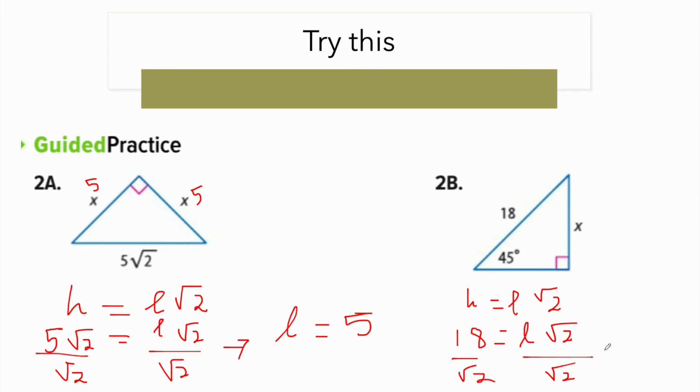Here we are left with our length. Length will be equal to 18 divided by root 2. You can simply use your calculator to find the answer. 18 divided by root 2 will give you 9 root 2. I hope you also got the same answer as me.